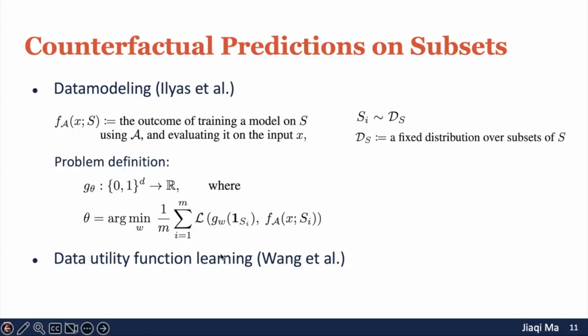Ideally, this surrogate function G should be cheap to evaluate on any binary vector, so we'll be able to easily quantify the influence of the individual training data points.